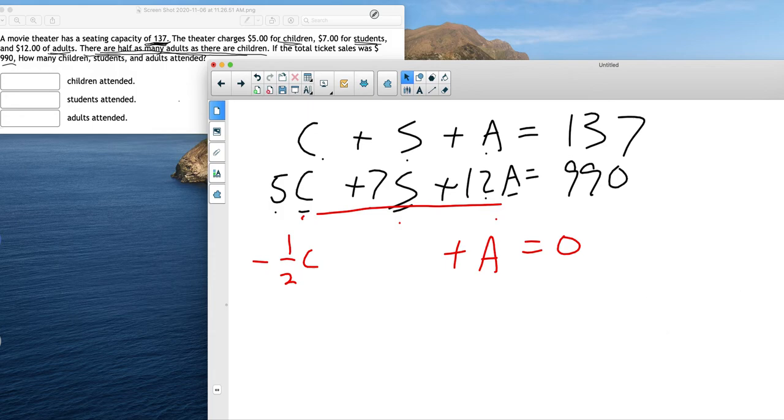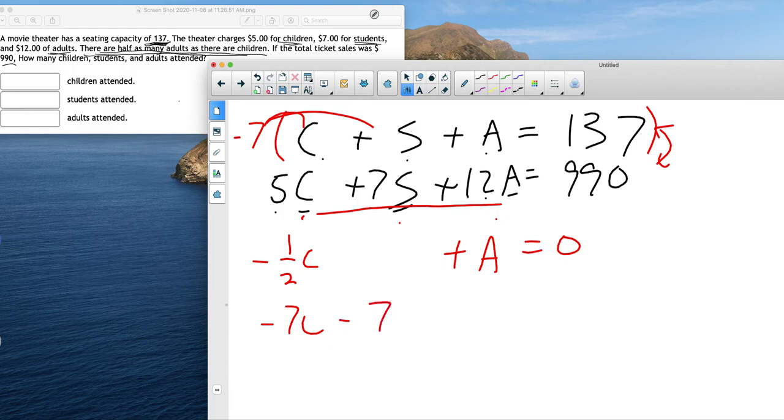So one of the things about these equations typically is you'll have an equation that already is missing a letter. So what we can do is in these two equations, try to eliminate the S. And so the easiest way I can see to do that is to multiply the top equation by -7. So this would be -7C minus 7S.